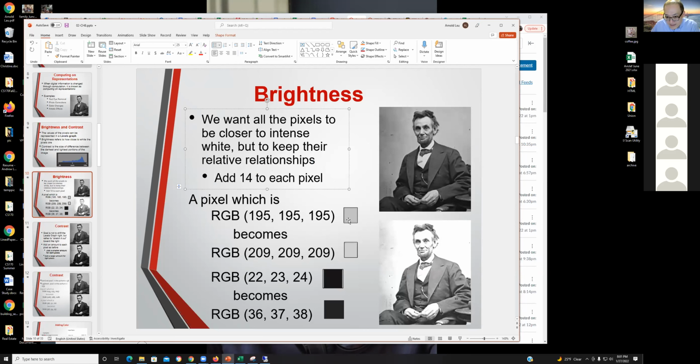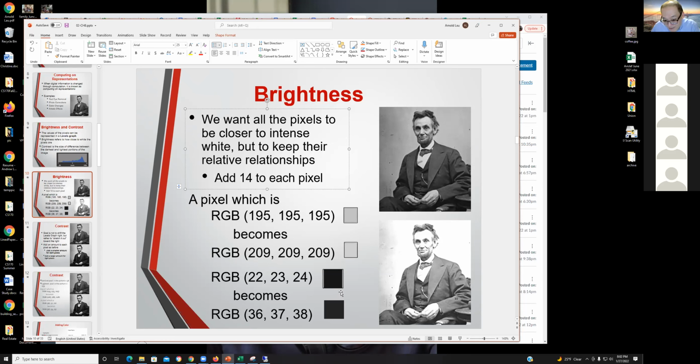You can see in this little square it went from a darker gray to a lighter version of it. It's hard to tell with the black, but it was 22, 23, 24, then you add it, it became 36, 37, 38.